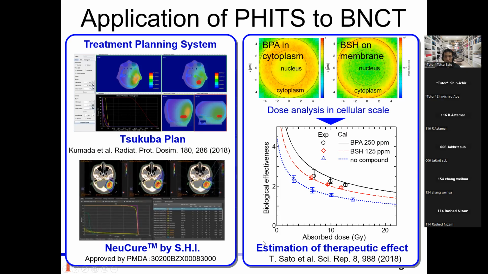We try to reveal the reason from microdosimetry. But in this lecture, I don't explain anything about this part. Maybe most FITS users who want to use FITS for BNCT are interested in this application, so I would like to concentrate on it.